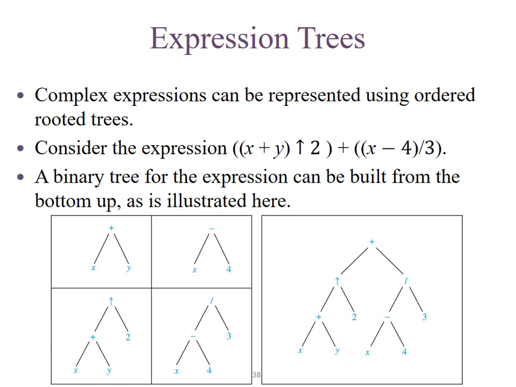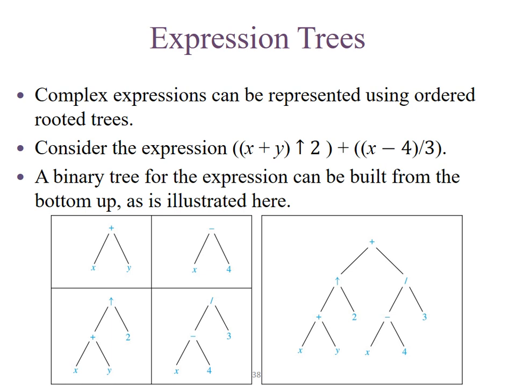Then we can illustrate the expression tree of the parentheses on the left-hand side. Of course, we can build the tree for the second parenthesis, x minus 4, and x minus 4 divided by 3.